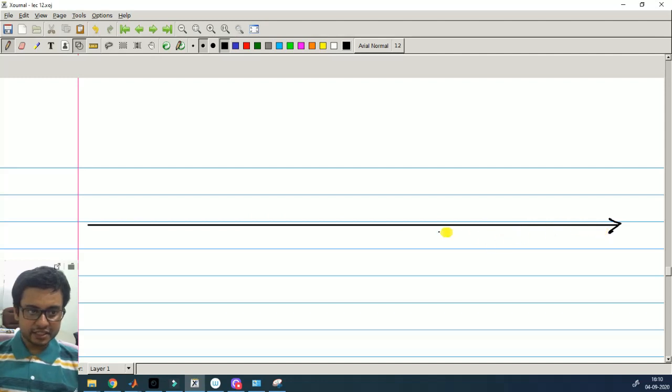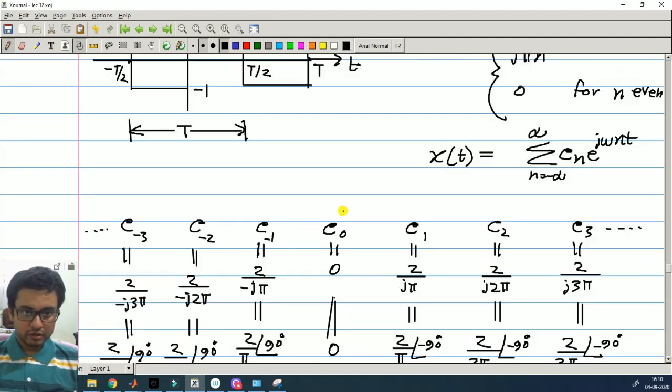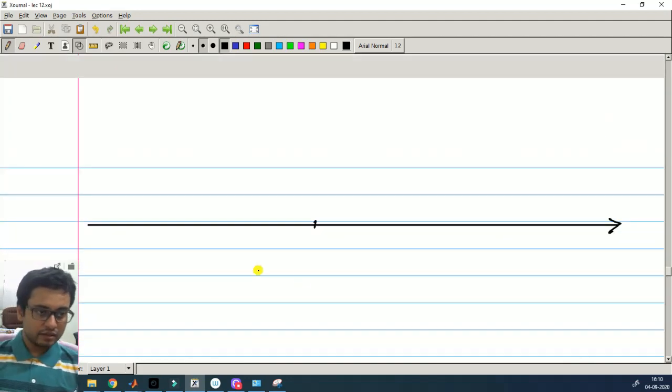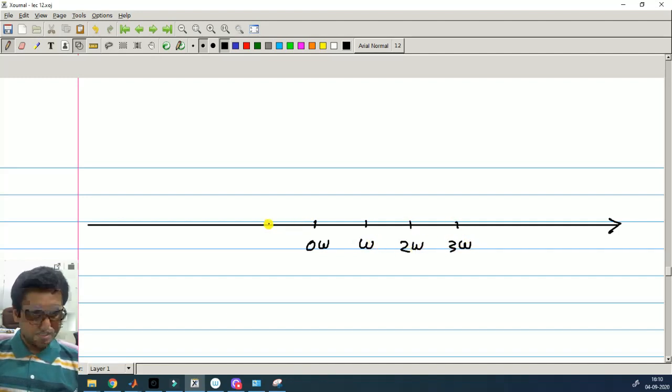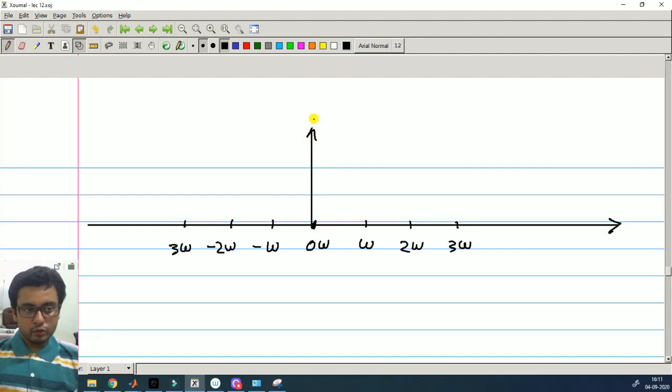Now this long table or list of different coefficients can be represented using a nice graph like this. Along the x-axis we shall draw different omega values, starting from 0, then omega, then 2 omega, then 3 omega, and on the other side minus omega, minus 2 omega, minus 3 omega, etc. And along the vertical axis we shall plot the magnitude of Cn for different n.